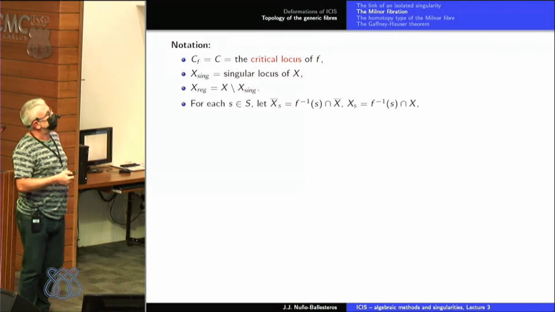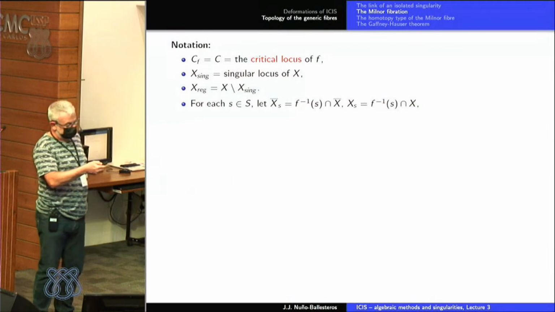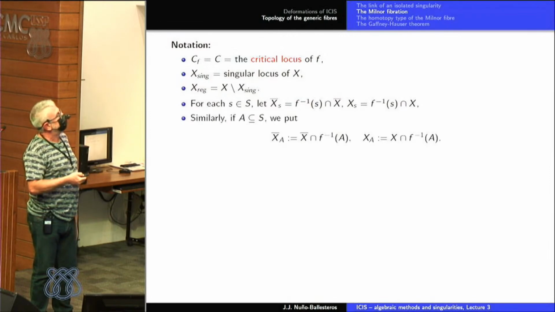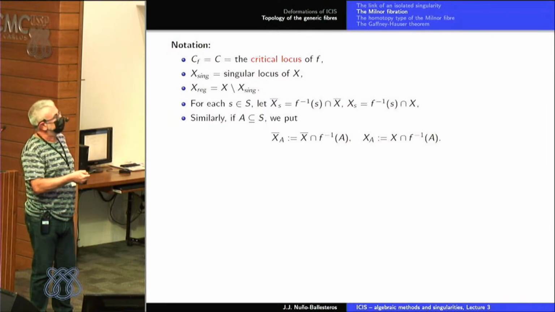Now for each point s in S, we take the fiber, this is the closed fiber, or the open fiber. And more generally, if we take any subset A of S, then we put this X bar sub A. This is the X bar intersection with the inverse image of A, and the same for the open.